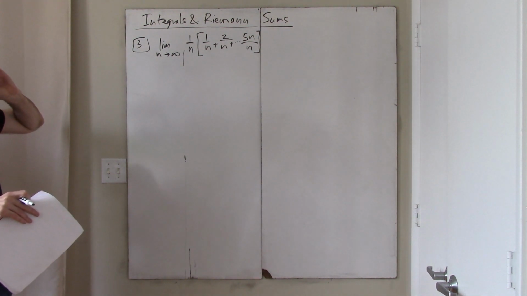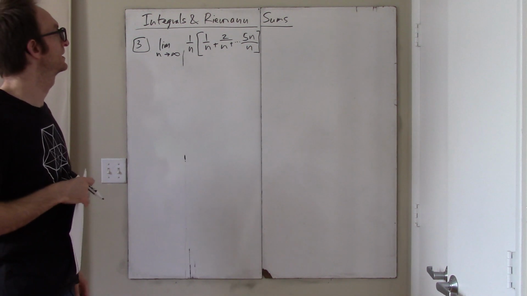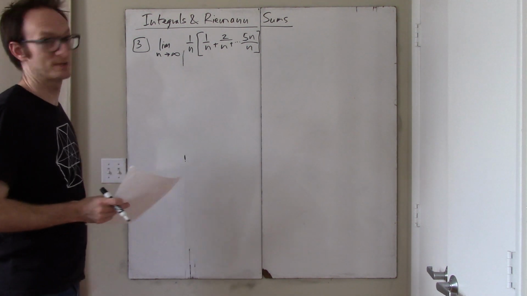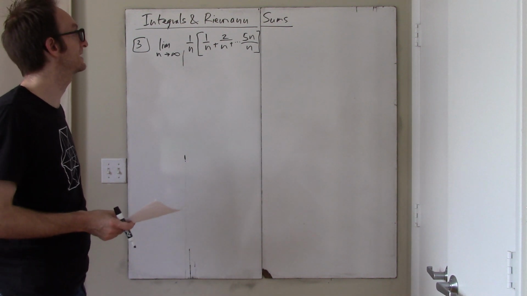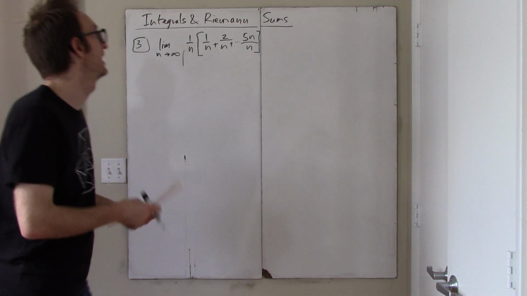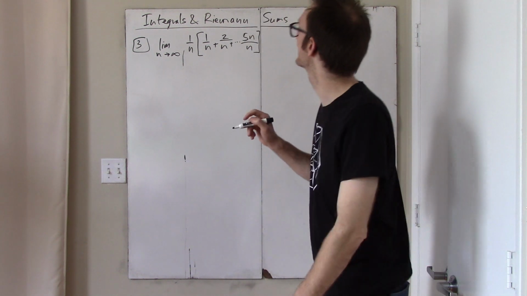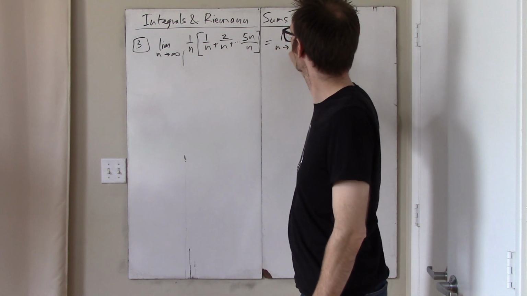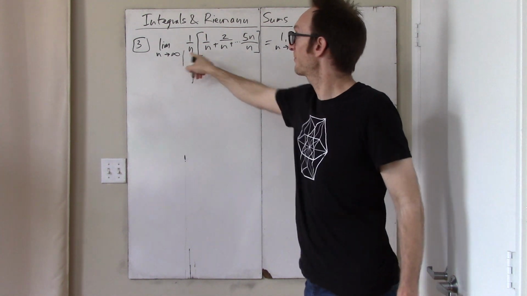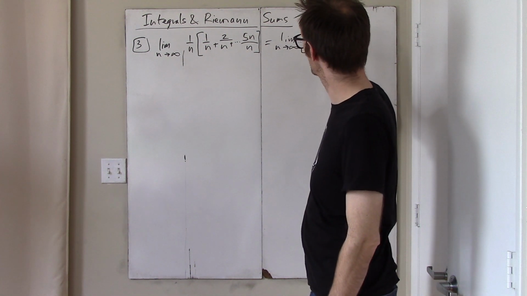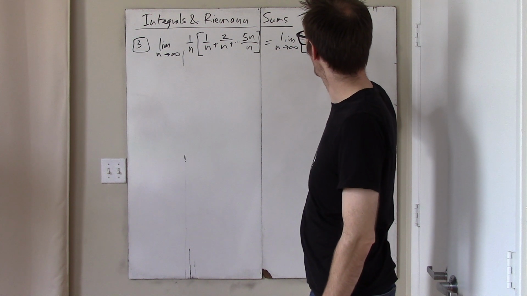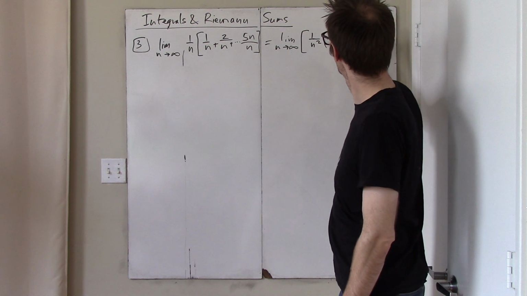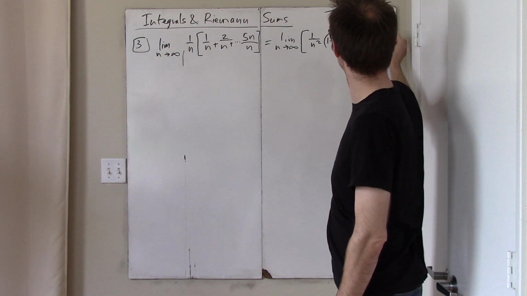And the thing is, we could probably do this in a lot of different ways. This problem could be done even if you hardly know any calculus at all, because you could factor an n out from the bottom, and then this just becomes 1 over n squared times 1 plus 2 plus 3 all the way up to 5n.